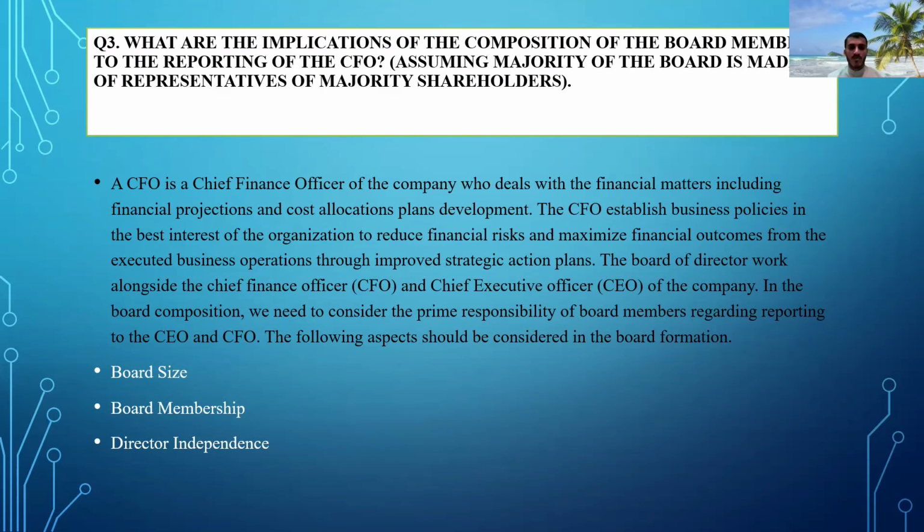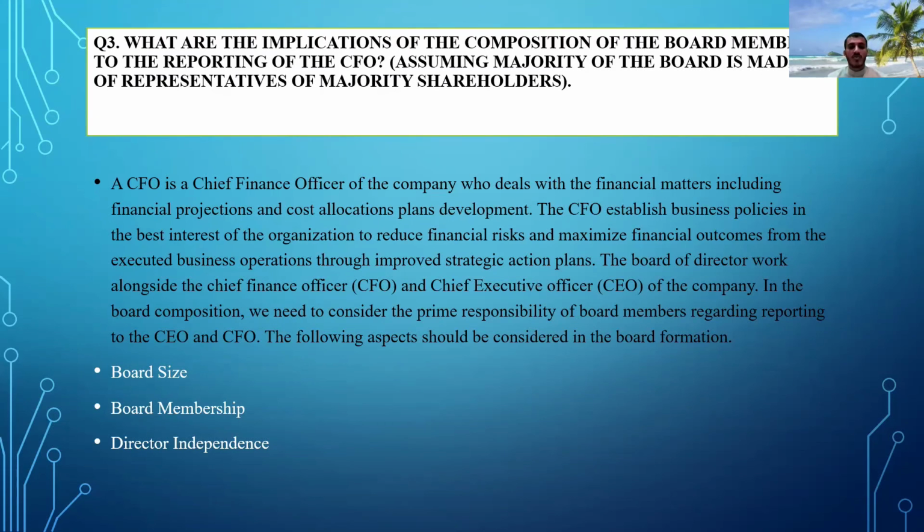Second, board membership. Board diversity is also important while selecting board members. The board members should be selected while following the hiring and selection laws for the corporation by the state government. Lastly, director independence.